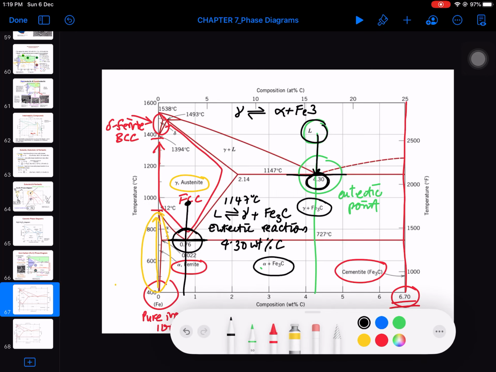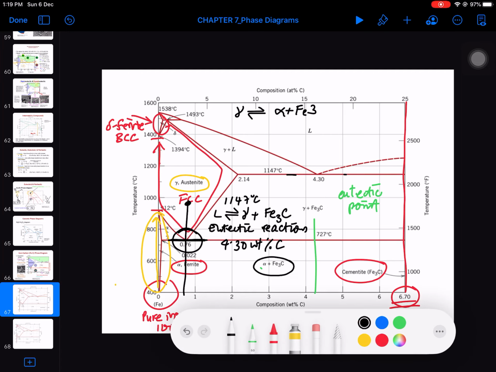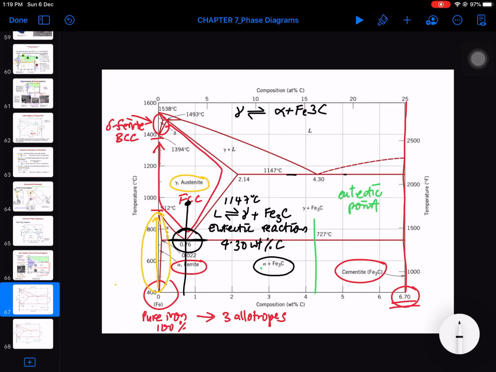Let me just erase this a little bit so it won't confuse you. So it will change into alpha ferrite plus cementite. And we know this kind of reaction is actually called a eutectoid reaction.